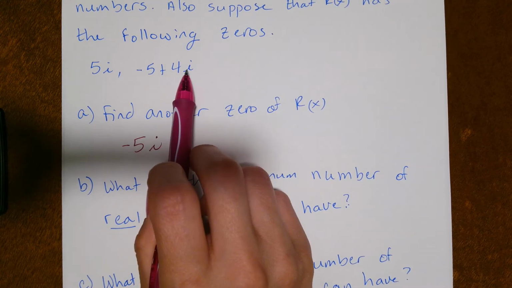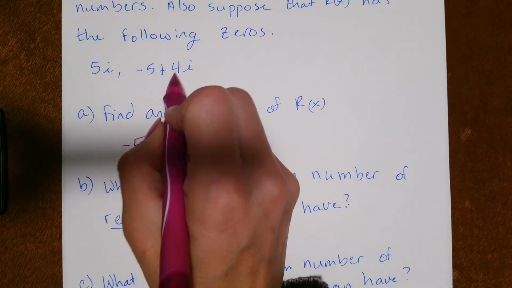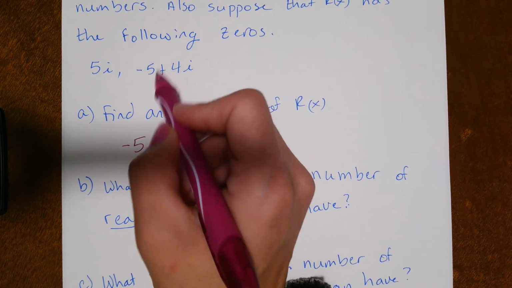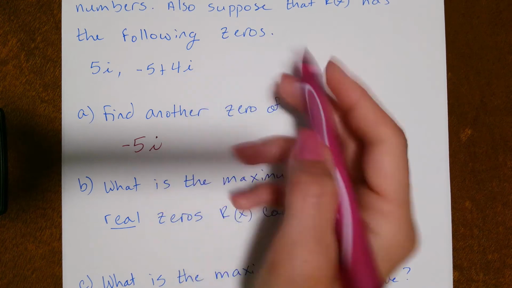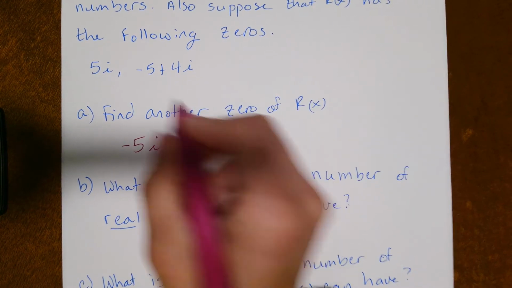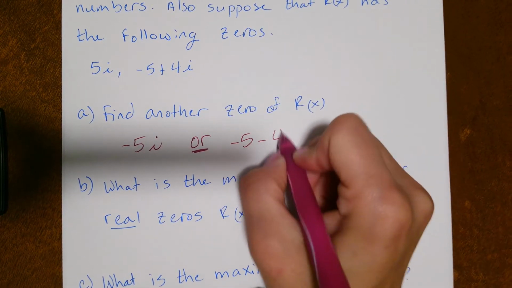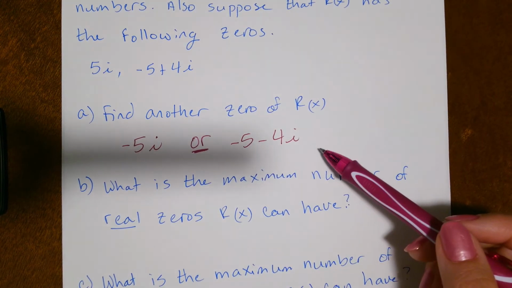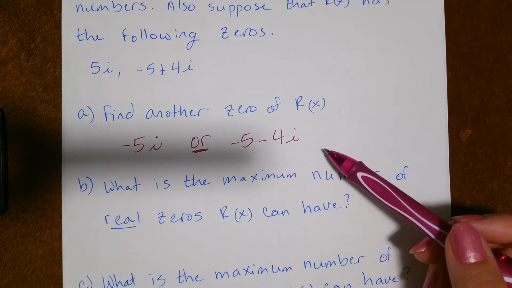And negative 5 plus 4i is also non-real, so it has a counterpart. The way you find it, the conjugate, you do the opposite of the imaginary part. So you could have done negative 5 minus 4i. So these are 2 other zeros that we know r of x has.